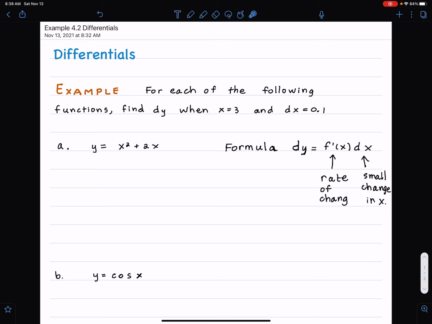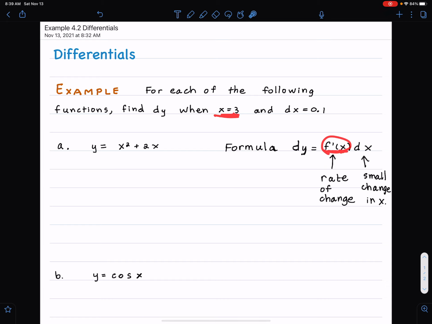Now, this is an approximation, because when I do that calculation of 60 miles per hour times 1 hour, I'm assuming that the velocity is constant, and maybe it is. But the idea of this differential is that we for a moment assume that the rate is constant, and we evaluate the rate at a point, in this case, x equals 3.